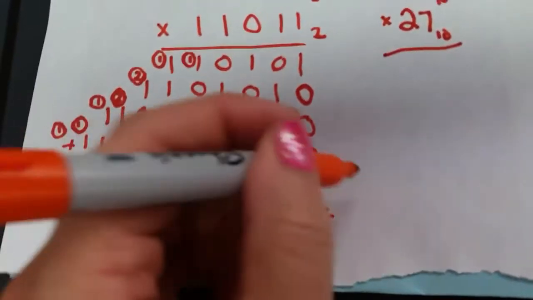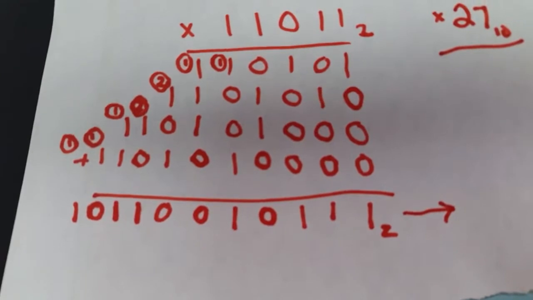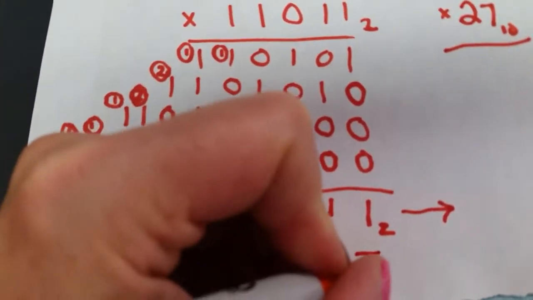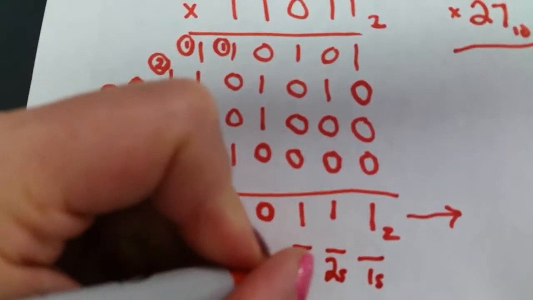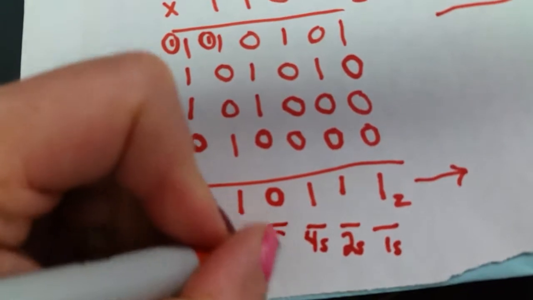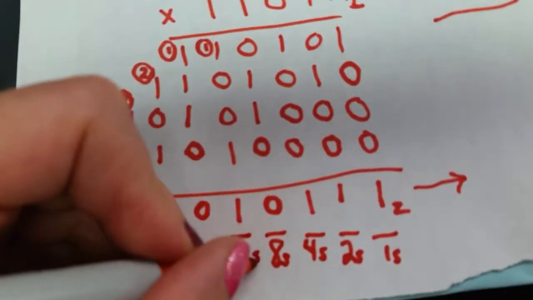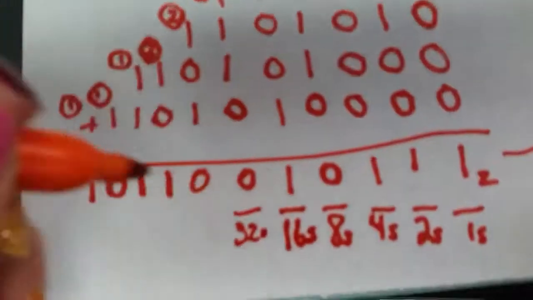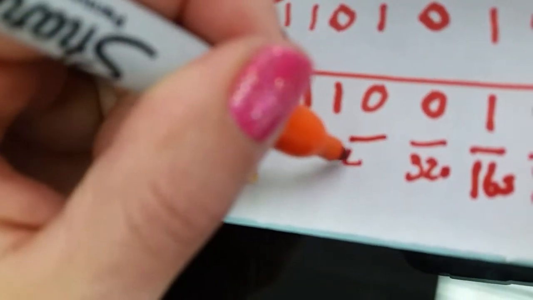Let's check our answer, or translate the answer. Now this is going to be a little bit complicated, so I wonder if I should write these. So we've got 1s, 2s, 4s, 8s, 16s, 32s, oops, 64s.